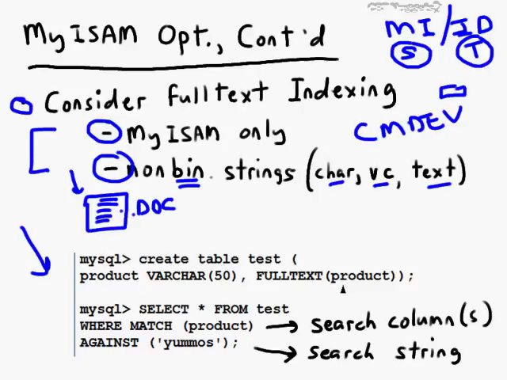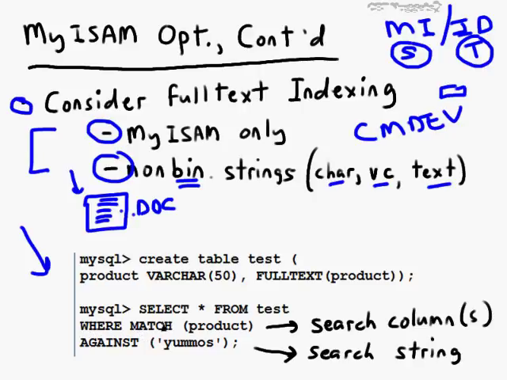Now, there are several different syntaxes you could use here. There's a standalone DDL statement called create fulltext index. We could also run alter table once we created this test table, using the add fulltext clause. I mean, there are tons of different ways to go about it. This is just one example. And then once we've done this, all you'd have to do to make use of the full text index is run a select statement against the table, and you notice we have a couple clauses here.